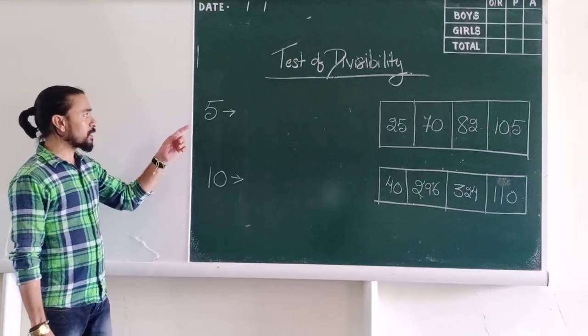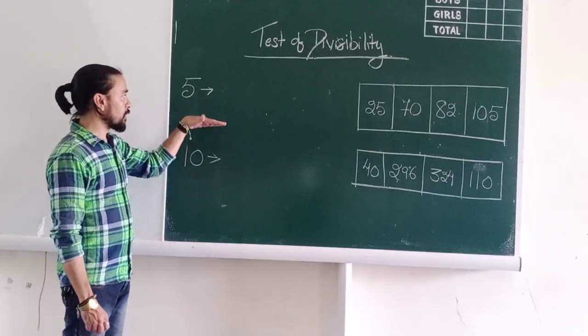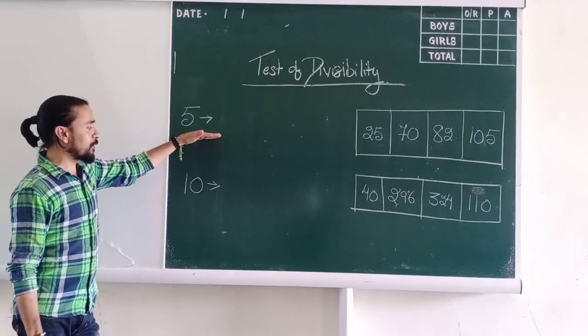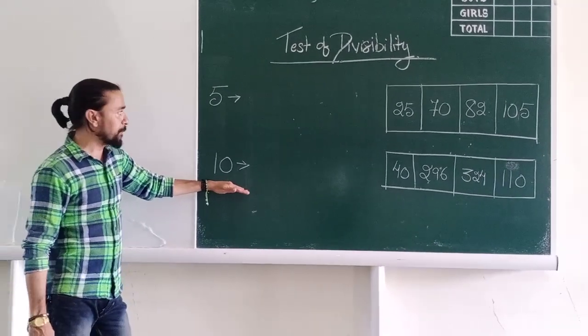So now we move on to the test of divisibility for 5 and 10. Now I have got 5 and 10 again here because the explanation for 5 and 10 is very similar.